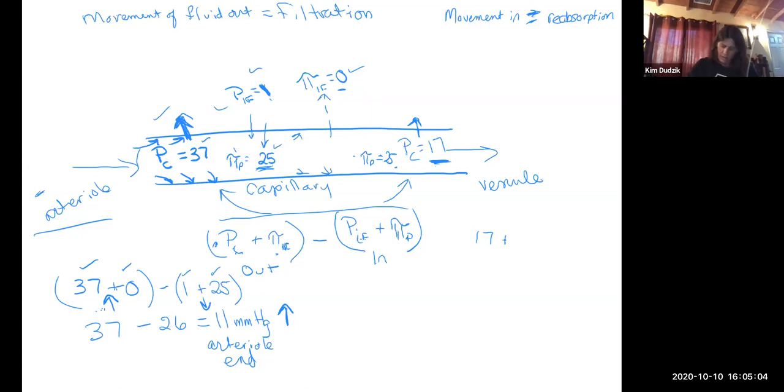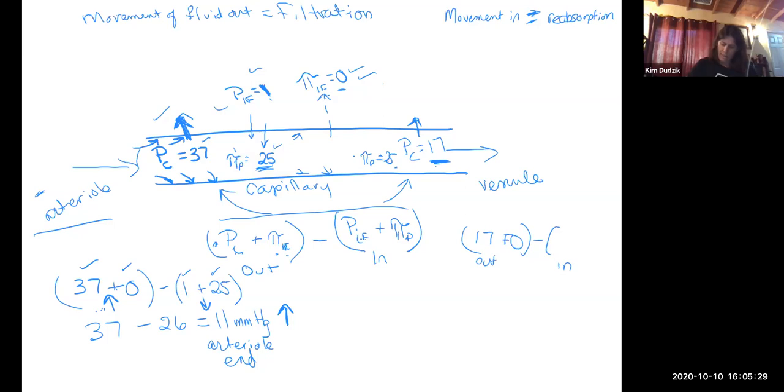And we're going to add to that the pi sub IF, right? That's up here because that's the same no matter where. So that's plus 0. So that's what wants to influence moving out. And then we're going to subtract from that what pressures want to move things in, or reabsorb.